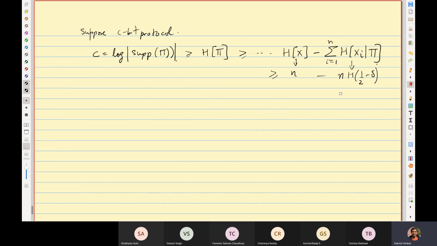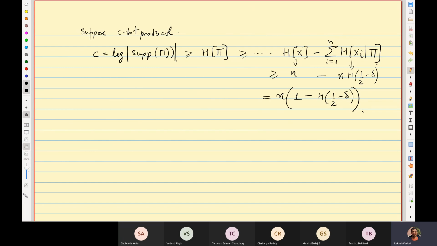Now the only thing that remains, recall that I told you we'll show that it is omega of delta squared n. That's just a bit of algebra at this point, because this is h of half minus delta.